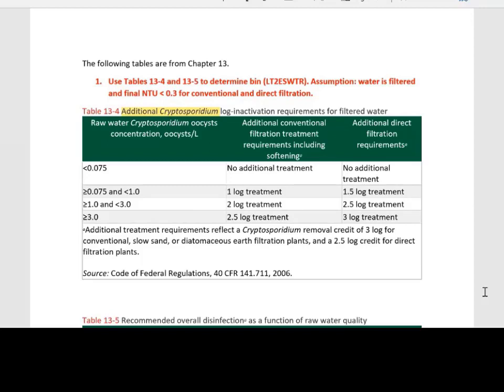So what we observe, okay, we had greater than 3 oocysts per liter, and that tells us that we need 2.5 log removal that is additional, and this is the difference here. That's additional beyond what we will get in terms of CT credits for the treatment.